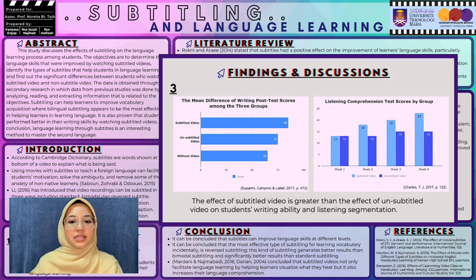Hence, the learners who watch captioned video consistently perform better compared to the students who watch unsubtitled videos. It means that their second language listening skills were improved by simply watching subtitled TV programs on a regular basis.